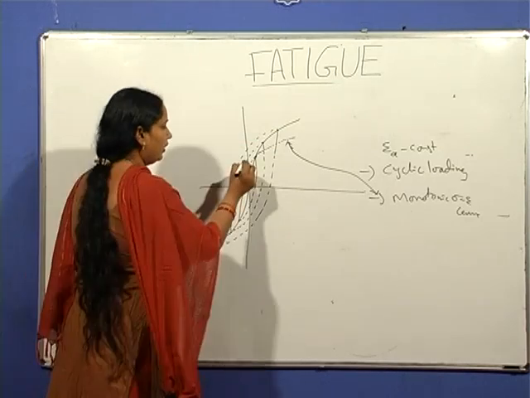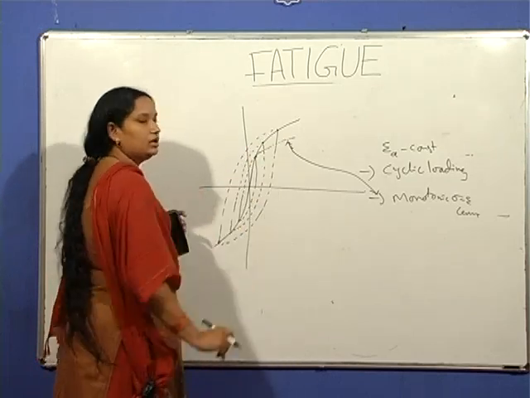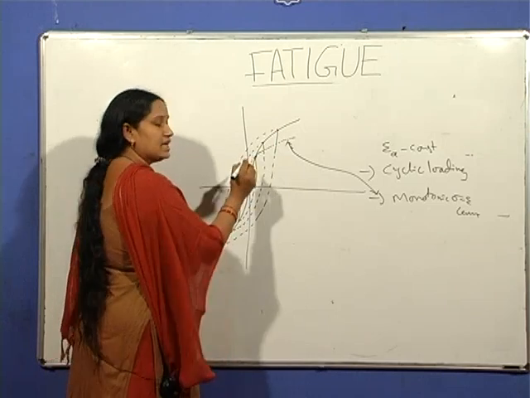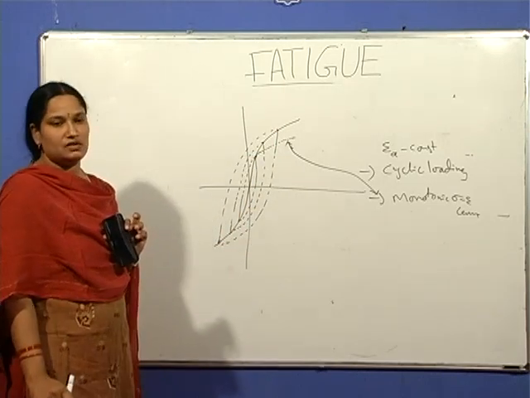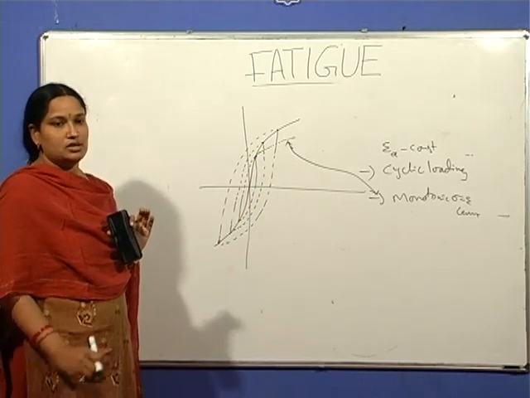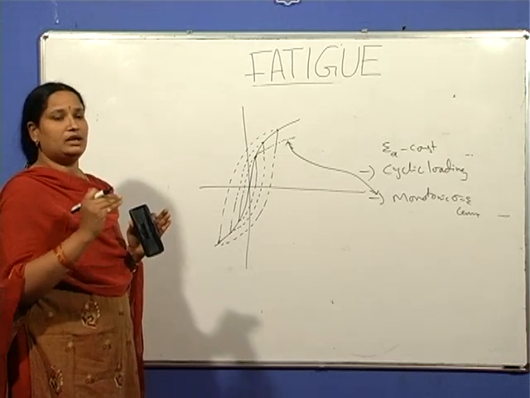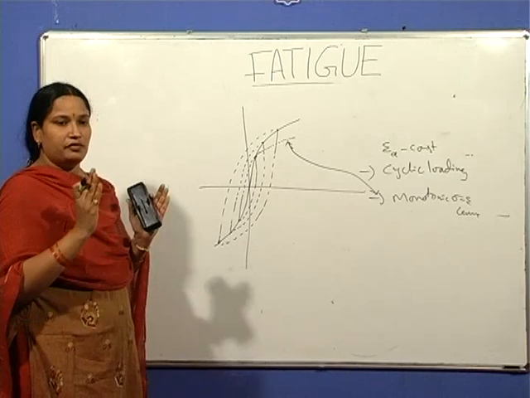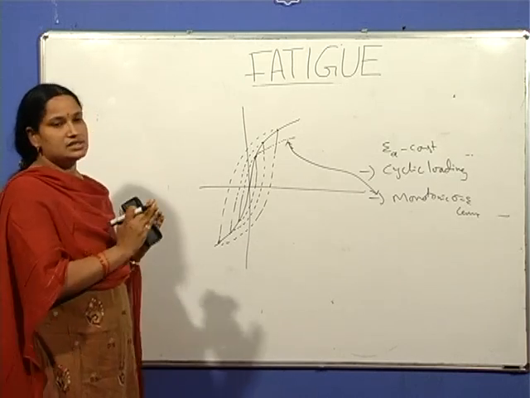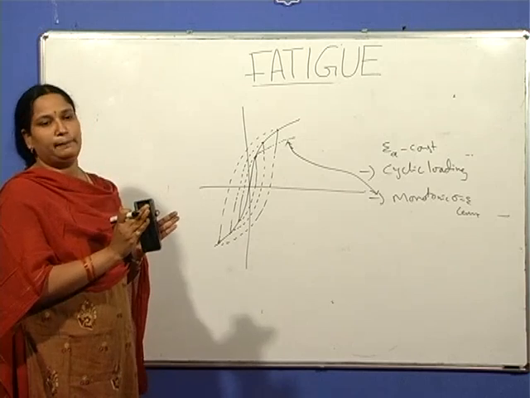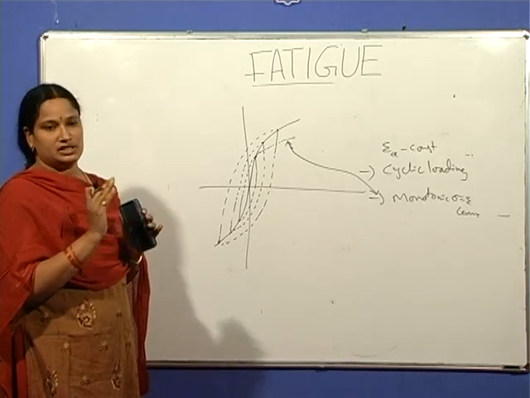These are the points that indicate the constant value of stress amplitudes. This constant value of stress amplitude occurs after a few hundreds of cycles, where the hysteresis curve stabilizes and the stress amplitude reaches saturation.